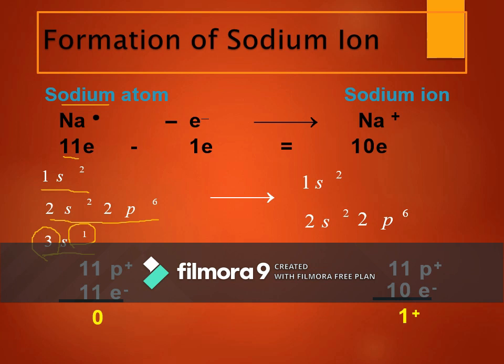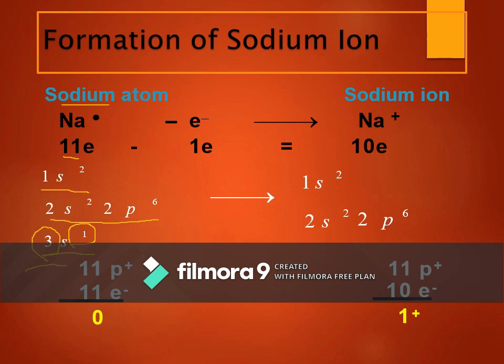There is only one valence electron. When we say valence electron, it is the number of electrons that is located in the valence shell, or the highest energy level that is responsible for the chemical reaction.